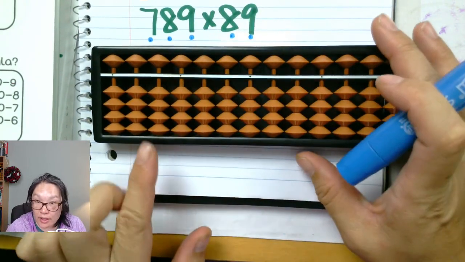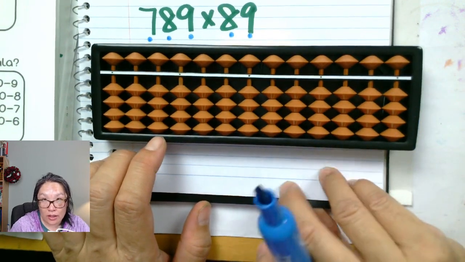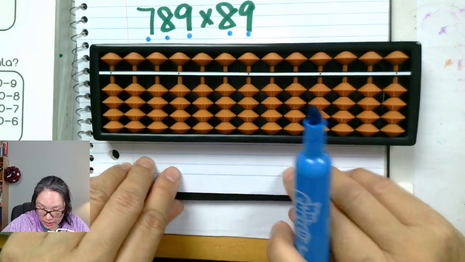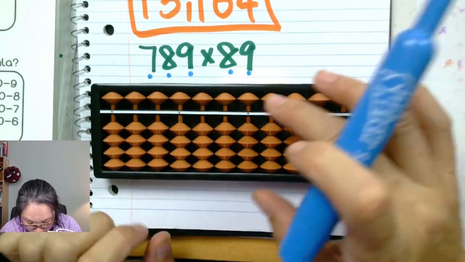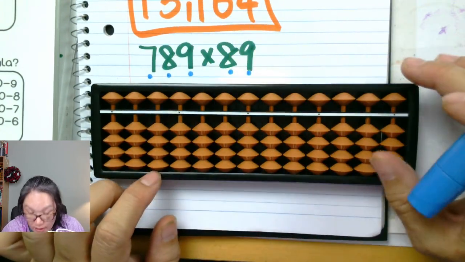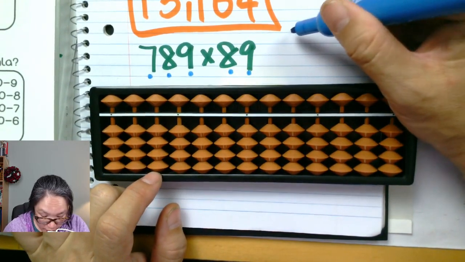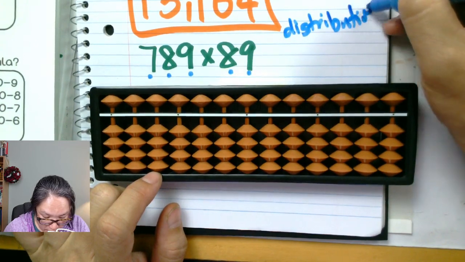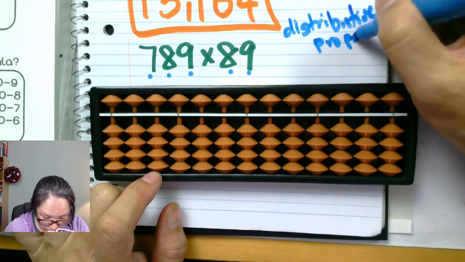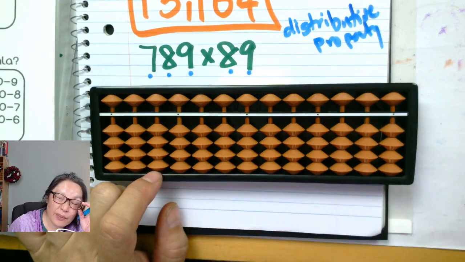So we're over here. Now in mainstream math, they call it new math. In abacus world, what we're going to do is called the distributive property. They're starting to incorporate this in mainstream math as well.